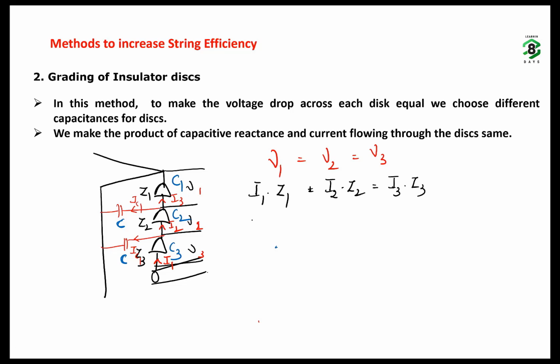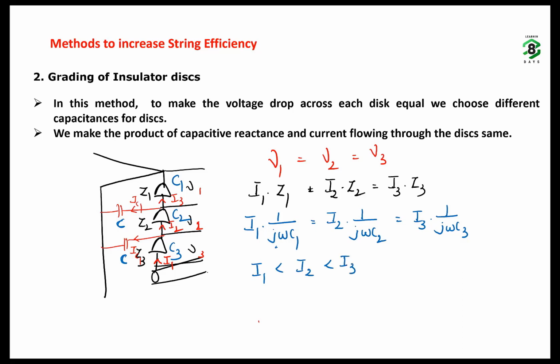Now I1 into Z1 is I1 into 1 by j omega C1, I2 into 1 by j omega C2, I3 into 1 by j omega C3. I want to make this equal. However, I know the relationship I1 is less than I2 is less than I3 because of the leakage currents.